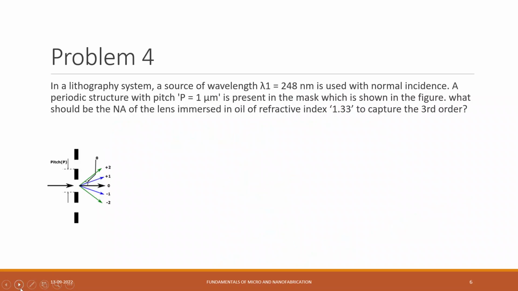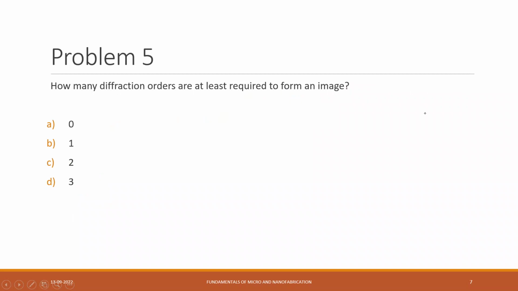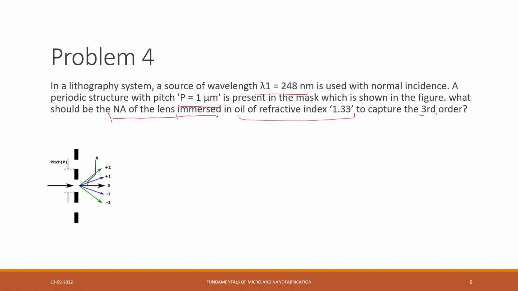This is the continuation of that question. You have to tell what should be the numerical aperture of the lens. The other details remain the same, and the lens is immersed in oil of refractive index 1.33, and you have to capture the third order.